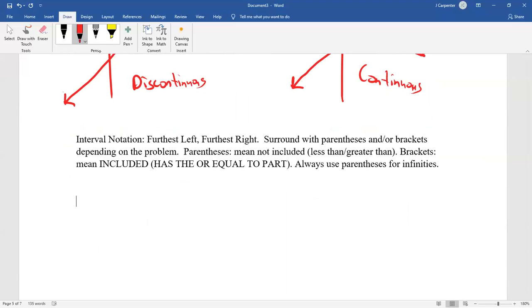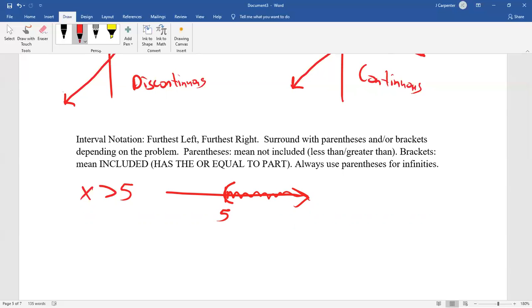So if I had x is greater than 5, if I was just doing a number line for this, here's our 5, greater than means we shade to the right. And because of the greater than without the or equals, we parentheses that. The interval notation though, which is going to be on the far right side, we can much more easily lift off of the number line part. Now, if you practice this enough, you'll be able to do it without graphing the number line, but this is helpful very often.